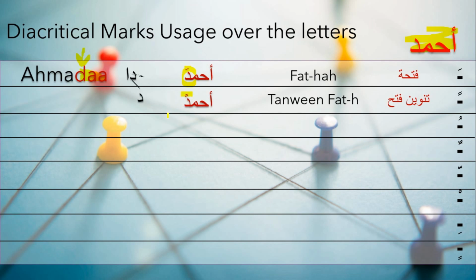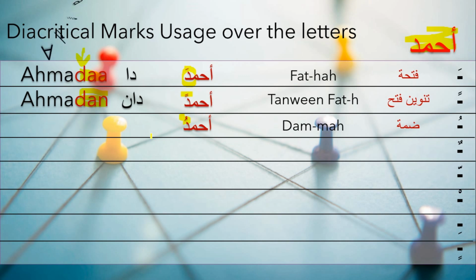It won't be clear now why we are using this. Why are we using Ahmada or Ahmadan, what effects are they making? We're going to explain this in the coming slides, but let us just introduce you to the diacritical marks before we get into that.